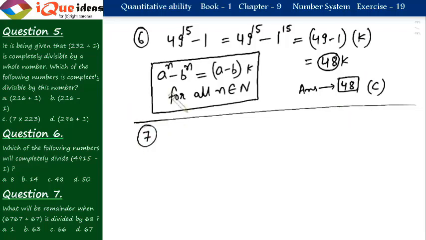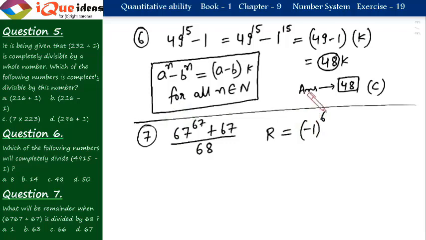Now 67 raised to the power 67 plus 67 divide by 68. Right? Very simple question. How do you find remainder? We'll straight away find remainder one by one. Let's see. If it is only 67 divide by 68, remainder would be minus 1. 67 has a power of 67, so remainder will also have a power of 67.